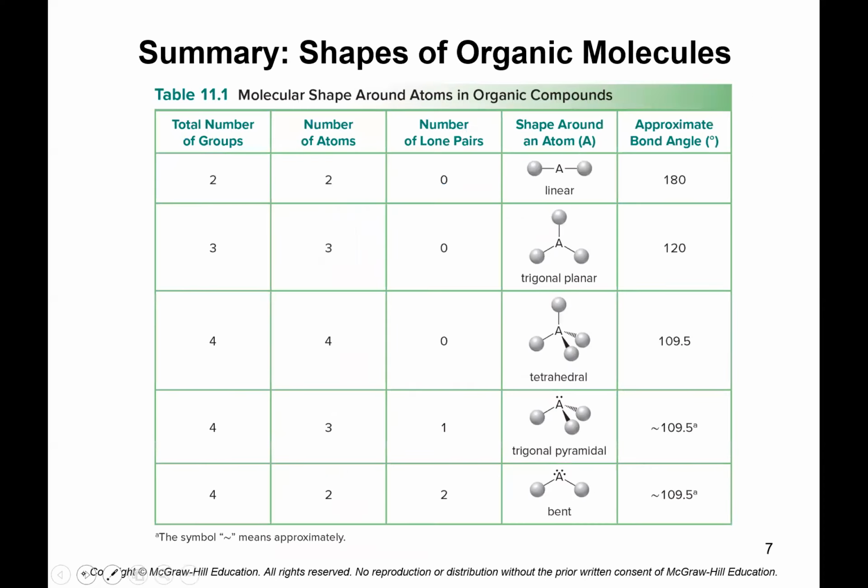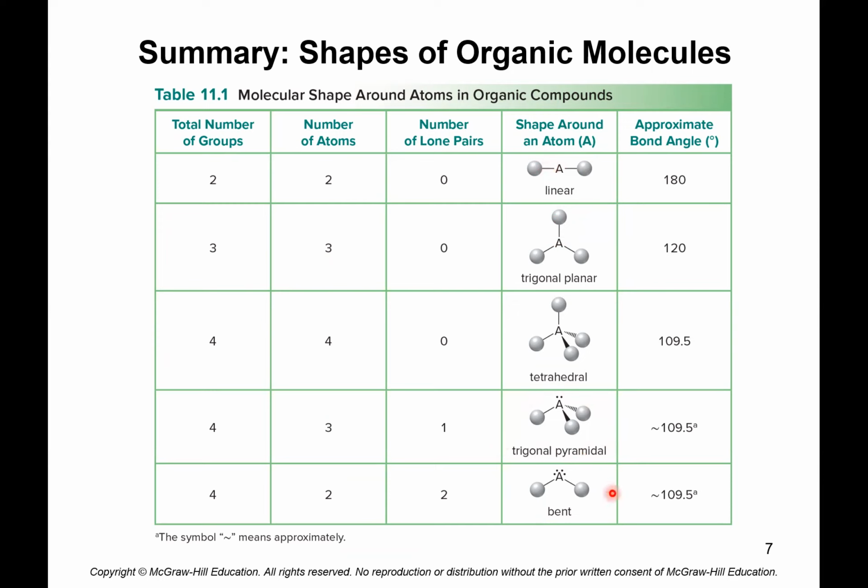And lastly, this is the summary of all of those shapes that we have talked about already. The emphasis here is in thinking about what these bond angles are going to be, and also recognizing that when carbon is the central atom, it will either take a tetrahedral shape, sometimes a trigonal planar if it's double bonded to something else, typically oxygen, and other times it might be linear if it's forming a triple bond with another carbon, for example.